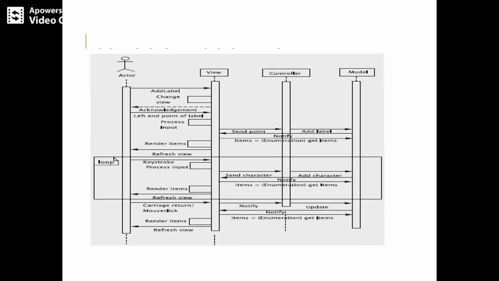Now this is the sequence of operations of adding a label, similar to the sequence of operations of drawing a line. Okay, before going to this, we should deal with the environment variables.